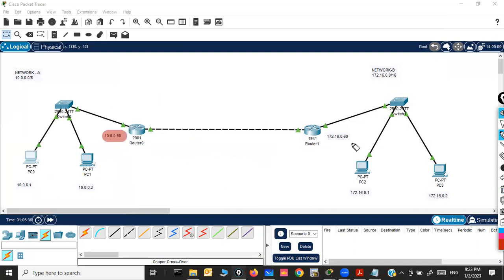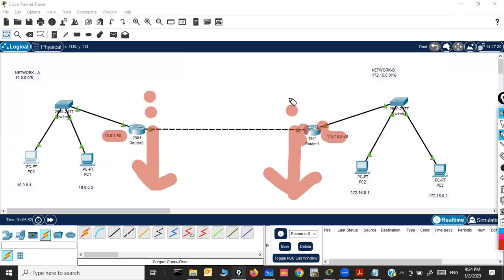And in this diagram, these two interfaces should also have IP addresses assigned. A router means a minimum of two interfaces connected with a minimum of two networks. There can be more than two. Now, this interface IP and this interface IP, yes, there should be an IP address assigned to both interfaces.